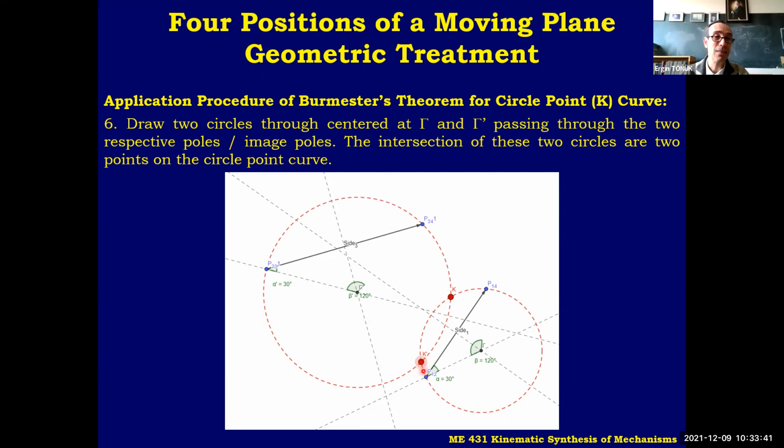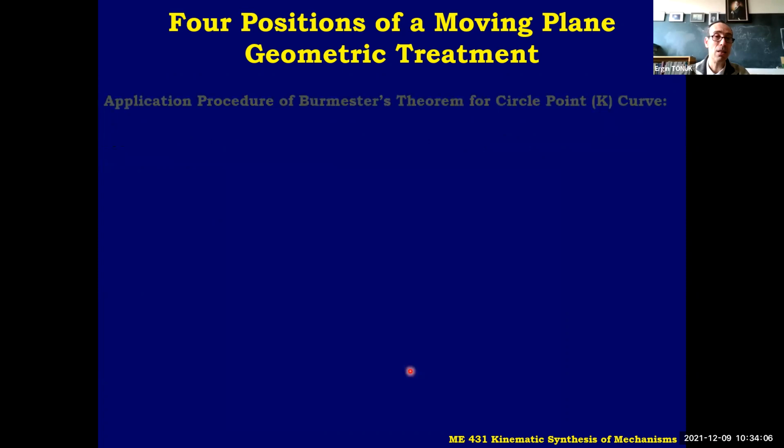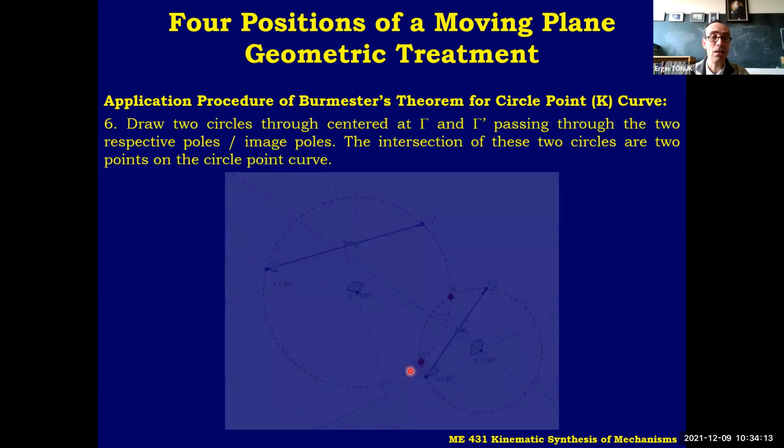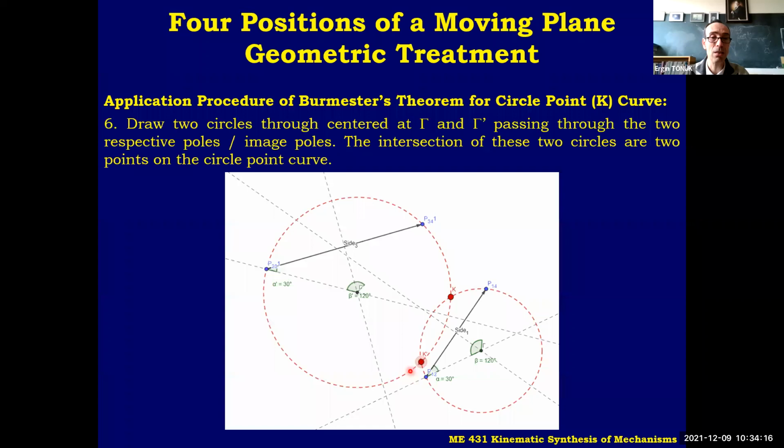But what can we do? We can obtain loci of these 2 points based on changing alpha. And this is how 2 points on Burmester's circle point or K curve are obtained.